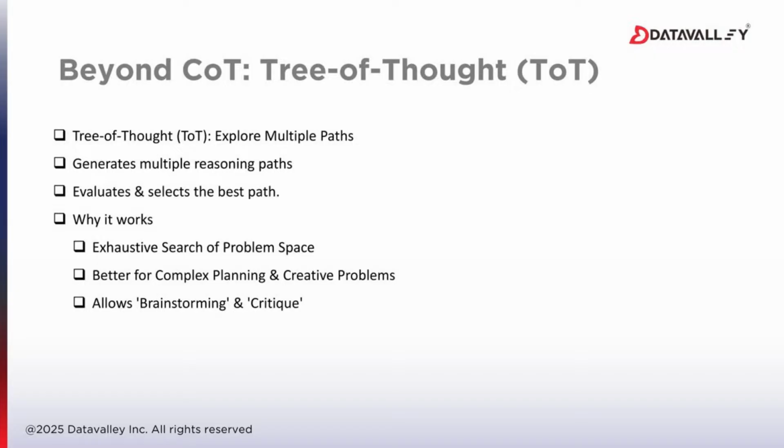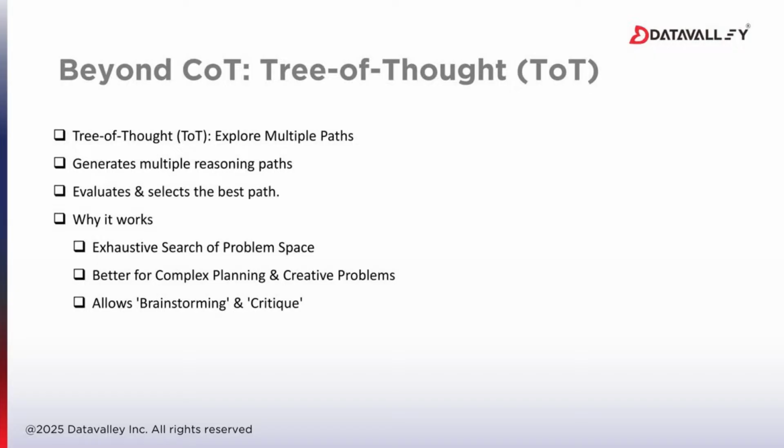Next, it is better for complex planning and creative problems. Of course, for tasks which don't have a single solution, like strategic game playing, complex design challenges or multi-phase planning, TOT enables the AI to brainstorm and weigh different options.